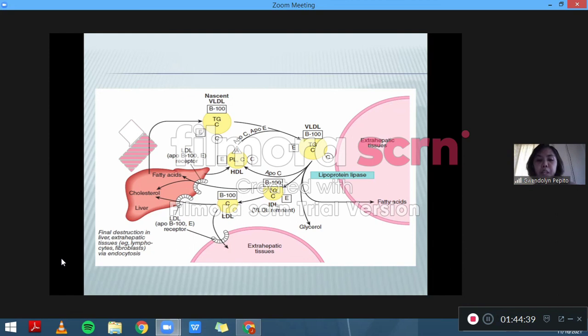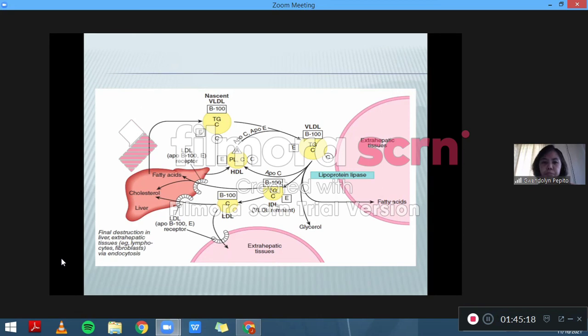And then from there, you can have your LDL, as Harvey mentioned. There are two ways the cholesterol in your LDL can go: it can be used by your tissues, or it can be accepted by your liver for processing of your cholesterol.